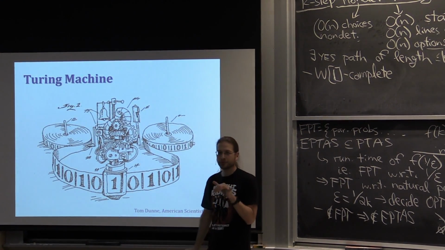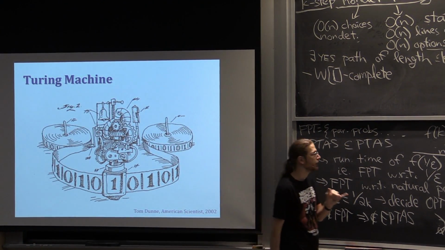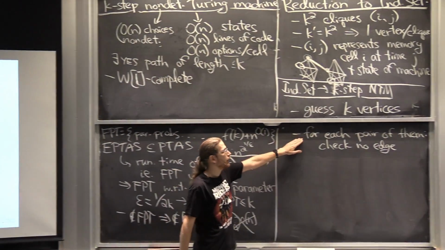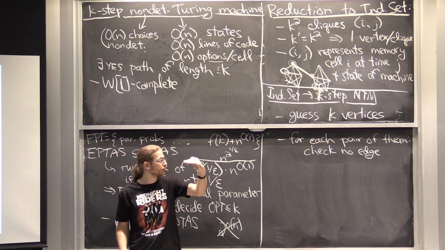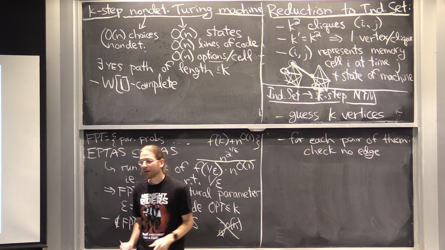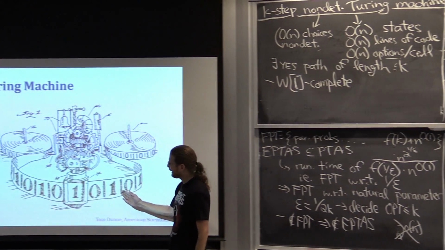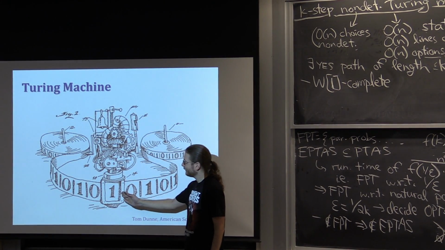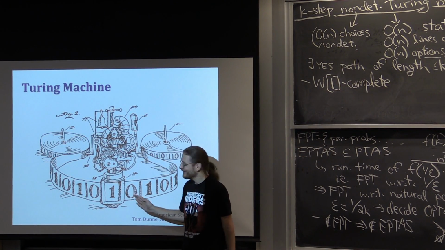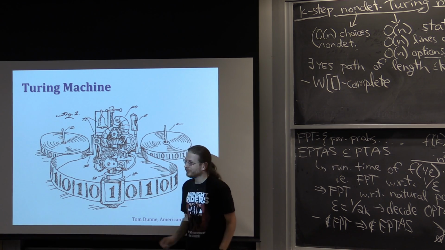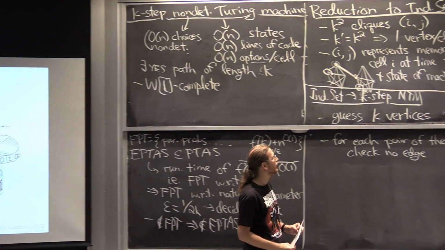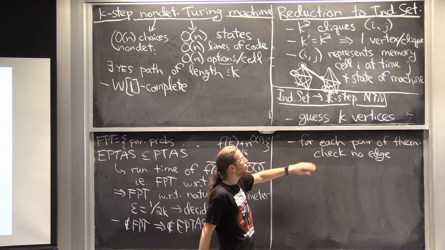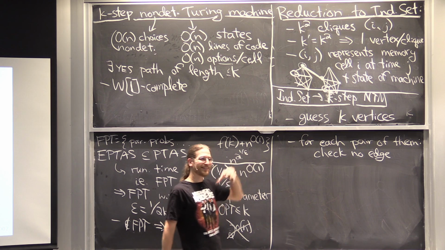So we'll use k tape squares to store the k vertices that we've chosen. Then we want to check each pair of them. So this is like a doubly nested loop, for each vertex among the k, for each vertex among the k. So what that means is you're going to have to, well, it's a little bit annoying, loop through the vertices on one tape. And then the fun part is the graph is encoded inside the machine.